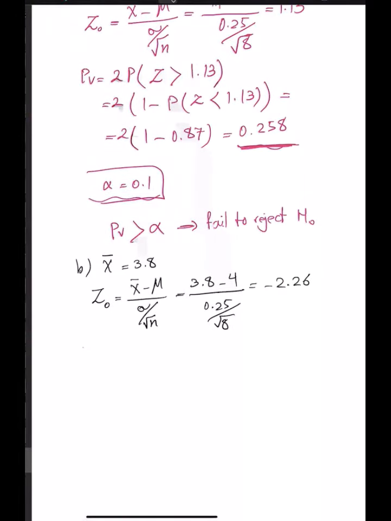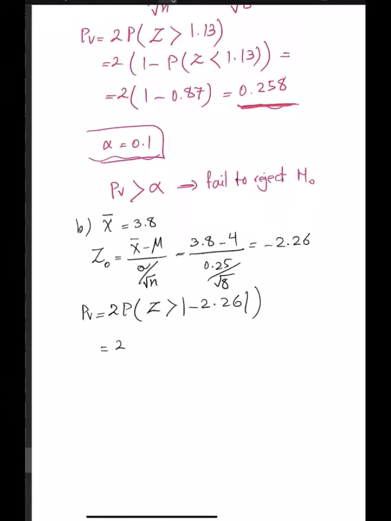So for the p-value, I have to calculate 2 times the probability that z is greater than the absolute value of minus 2.26. That's going to be 2 multiplied by 1 minus the probability that z is less than 2.26.